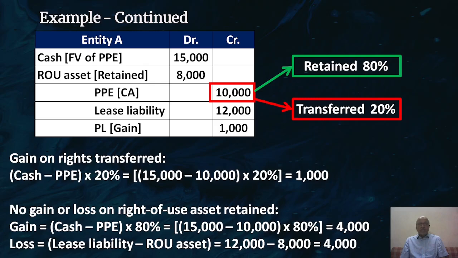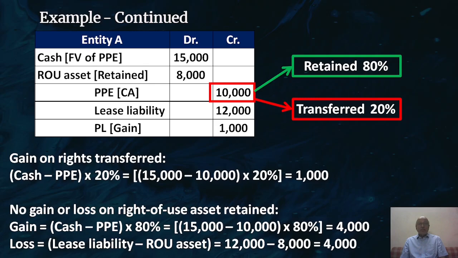Cash minus PPE, that is the difference between the fair value of PPE and the carrying amount of PPE: 15,000 minus 10,000. That is 5,000 total profit. Out of that, 20% is transferred. So 20% of 5,000 is 1,000 rupees. That is the gain on rights transferred.